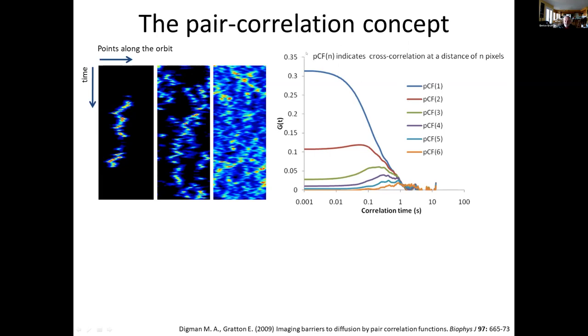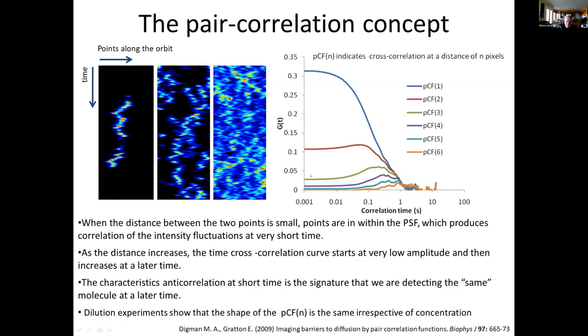And you can see that the pair correlation function indicates if there is a cross correlation at the distance of a pixel. Of course, if I have a distance of 1, it will always correlate. But if I have, as I show here, farther and farther distance, it will not cross correlate. Actually, if you pay attention, the PC of 6, for example, in this simulation, goes slightly below 0. This is important.